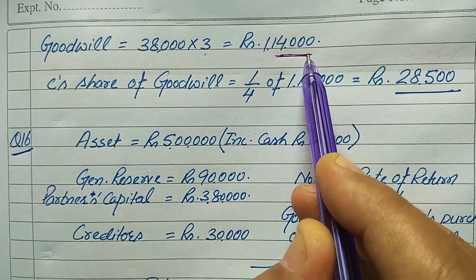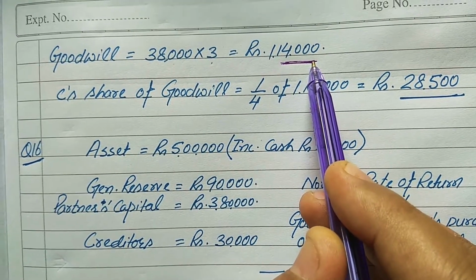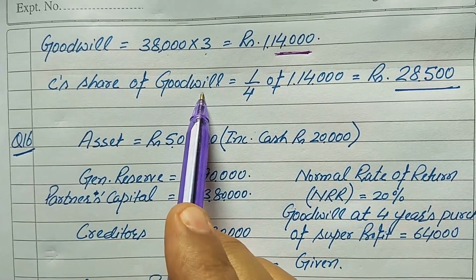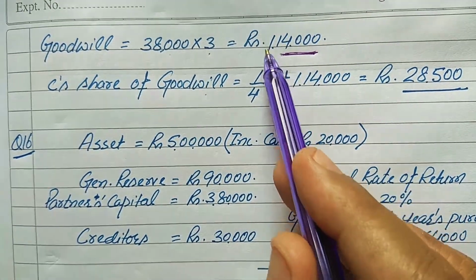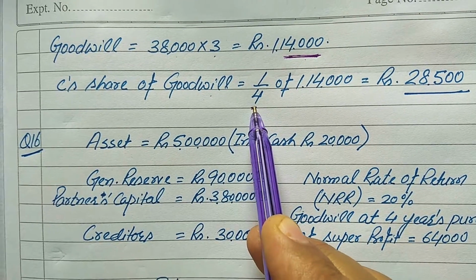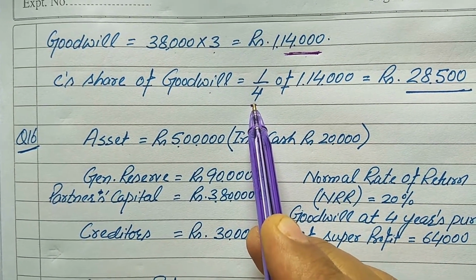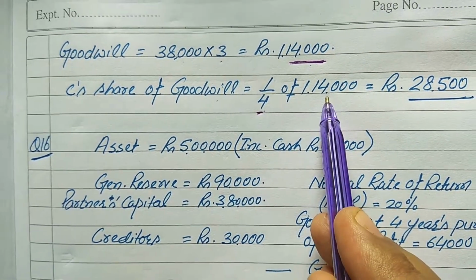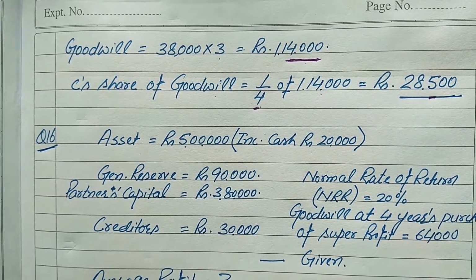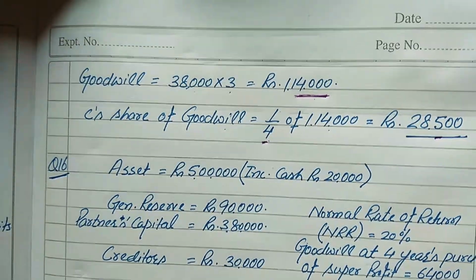But as per the requirement of the question, we have to calculate C's share of goodwill. The total goodwill of the firm is 1,14,000, and C is admitted for 1/4 share. That's why C's share of goodwill will be 1/4 of the total goodwill. It is 28,500.